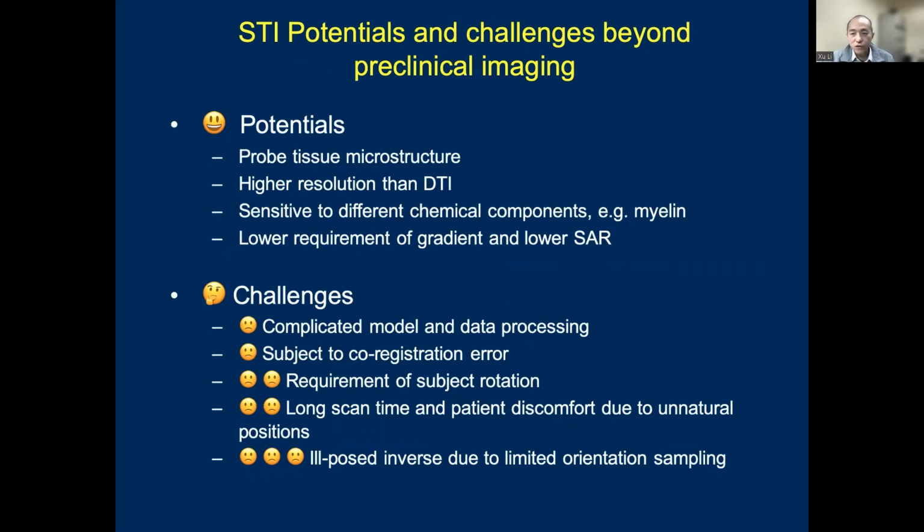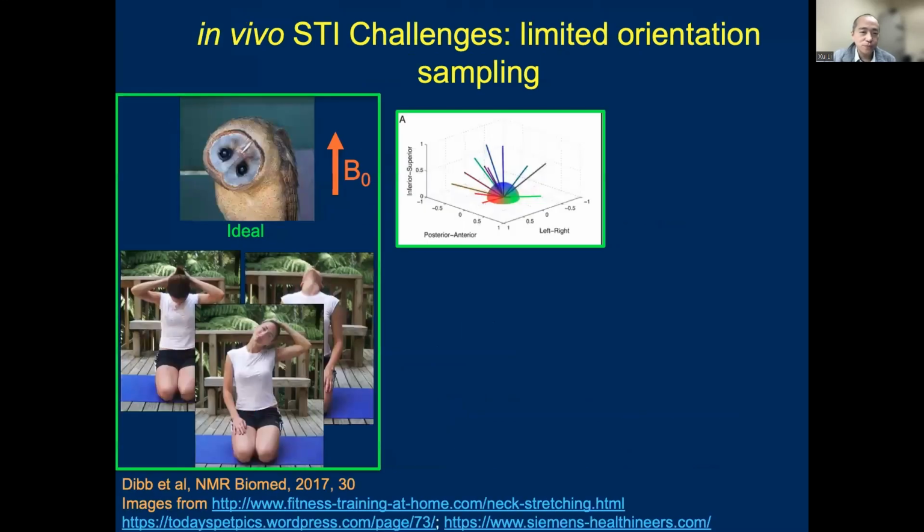But it also has a lot of challenges due to its complicated model and data processing, and it requires subject rotation, which can lead to longer scan time and patient discomfort. And more importantly, it's an ill-posed inverse problem, especially when we have limited orientation sampling using the normal MR head coil.